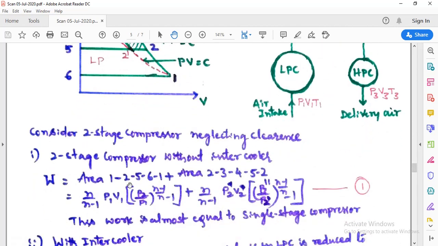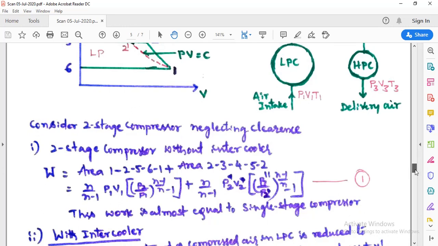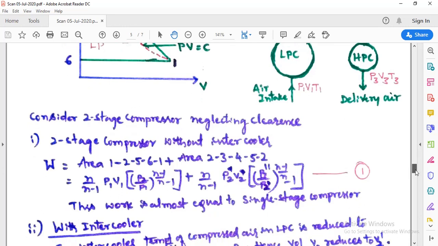So this can be written as n divided by n minus 1 P1 V1 into (P2 by P1) whole to the power of (n minus 1) divided by n, minus 1, plus n divided by n minus 1 into P2 V2 into (P3 double dash divided by P2) whole to the power of (n minus 1) divided by n, minus 1. Equation 1 gives the work done per cycle of the two-stage compressor without intercooler.